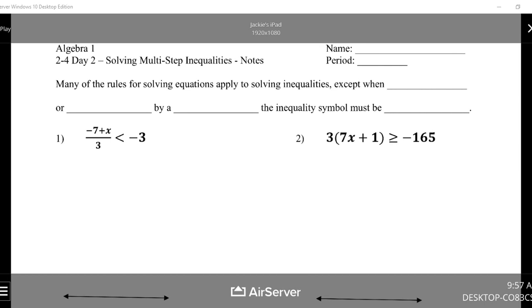All right, so these are the notes for 2-4 day 2, solving multi-step inequalities. And for this section, the variables are going to be on both sides of the inequality. So many of the rules for solving equations apply to solving inequalities, except when multiplying or dividing by a negative number, the inequality symbol must be flipped.